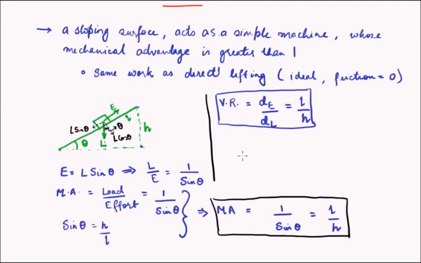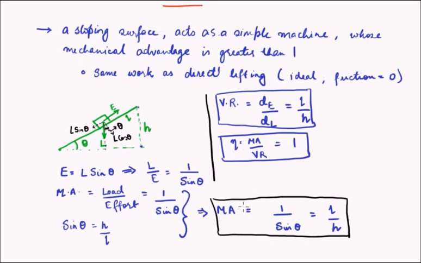And efficiency is mechanical advantage upon velocity ratio from our previous lectures, and that turns out to be 1. I hope you understand the significance of this.